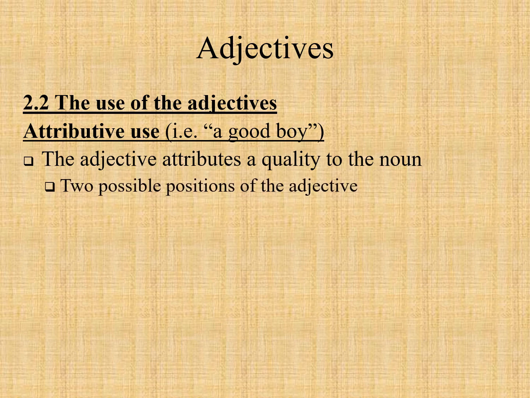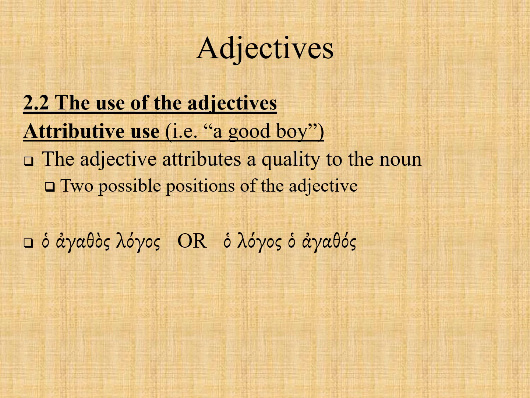So there are two possible positions of the adjective, and this is what can make the Greek attributive usage a little bit complicated in relation to the predicate usage. So here you can see ho agathos logos or ho logos ho agathos. Notice now that there's an article in front of the adjective.